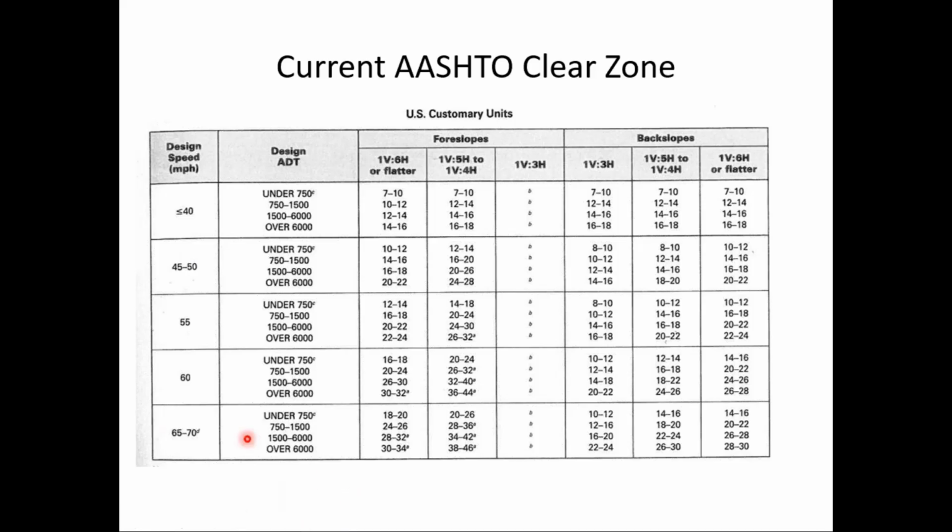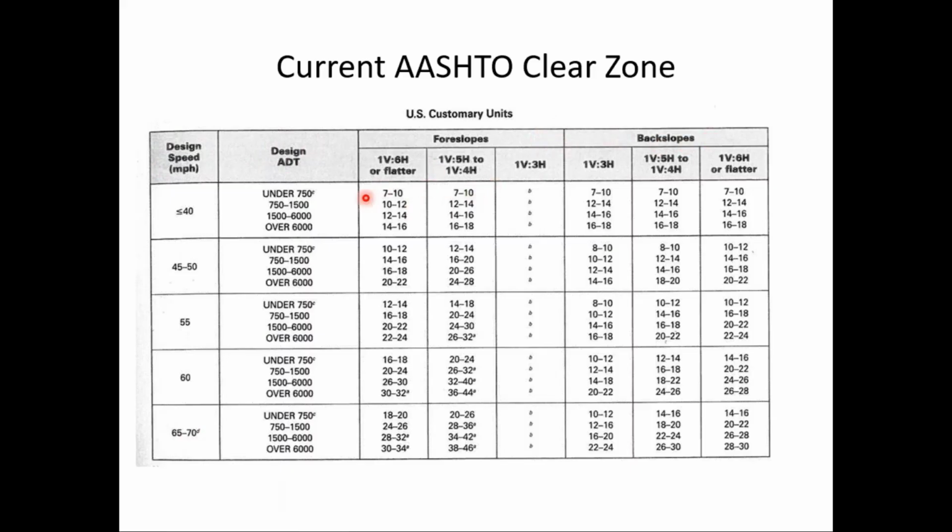And a lot of information here, we're not going to really look at it other than to note that the clear zone is a function of speed of the roadway. There's several different categories. The design average daily traffic volume, again, several different categories from lower volumes to higher volumes. And then the foreslope and back slope of the roadway.